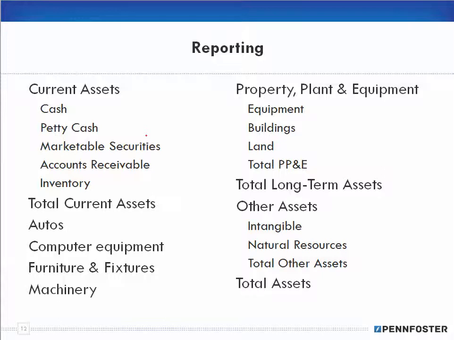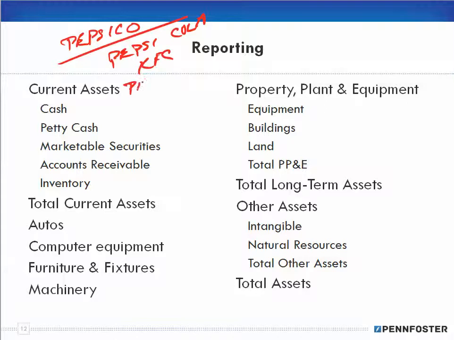But large businesses end up consolidating. They buy other companies, and their financial statements are, quote unquote, consolidated. That brings to mind PepsiCo. PepsiCo is the parent company of Pepsi Cola, Kentucky Fried Chicken, Pizza Hut, and a few other entities.